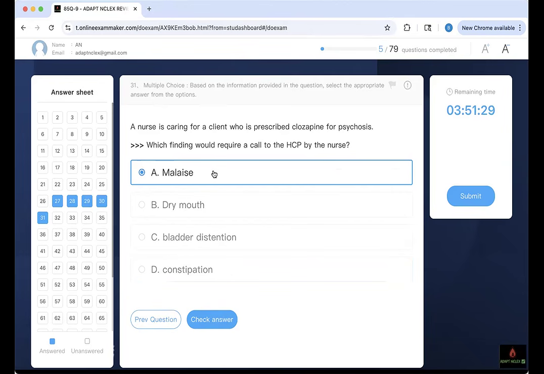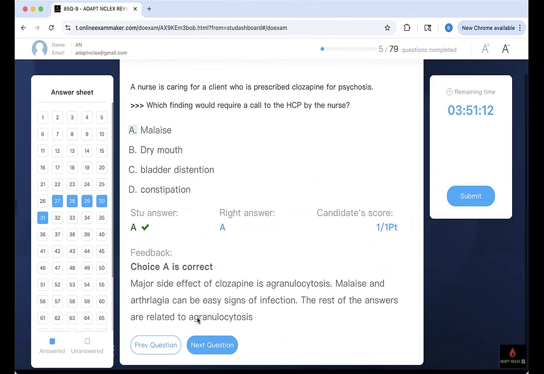Malaise is a form of infection. That's the beginning of sepsis. We should report it. Dry mouth, bladder distension, and constipation are associated with the anticholinergic effect of clozapine, a second generation antipsychotic. We should not worry about it. This may be hard, but strategy will help you answer it.